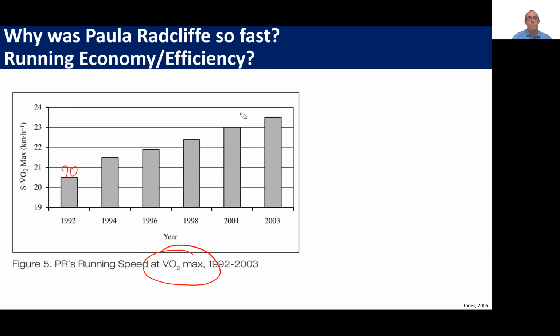So because of improvements in economy or efficiency, she's able to get more out of her VO2 max. Now, this efficiency and economy adapts over a long time.